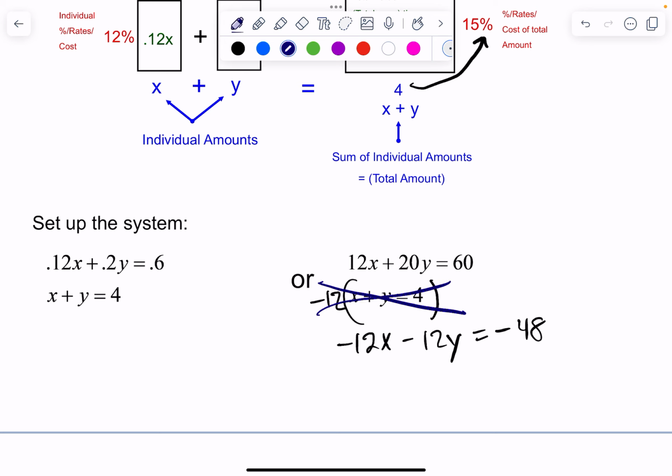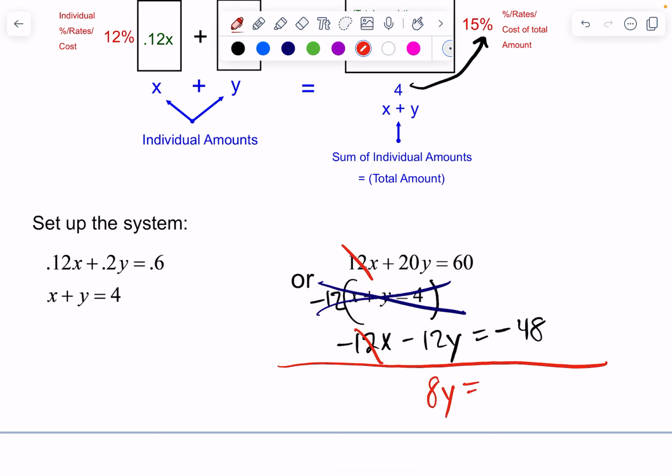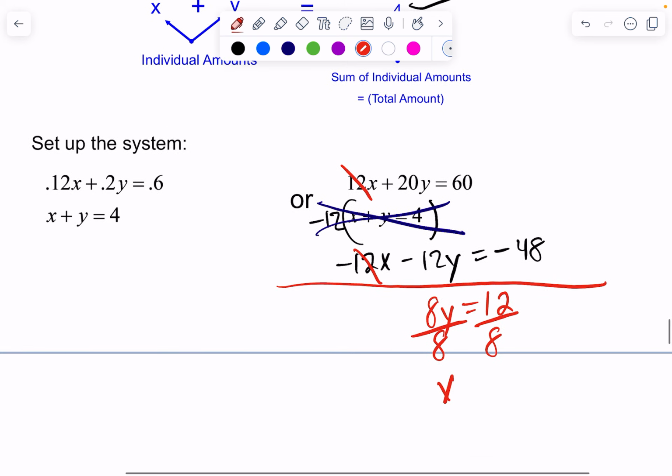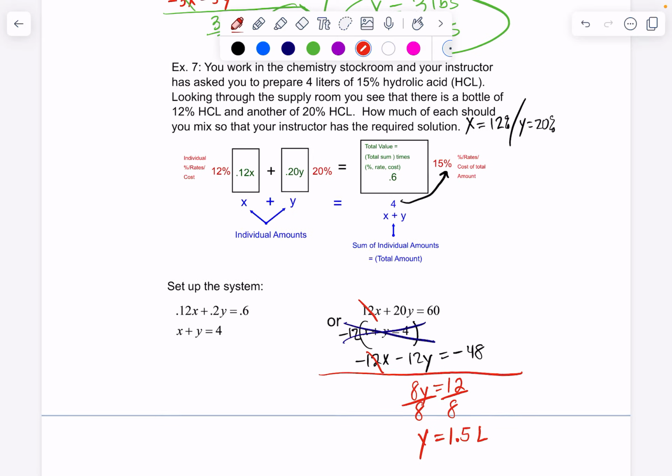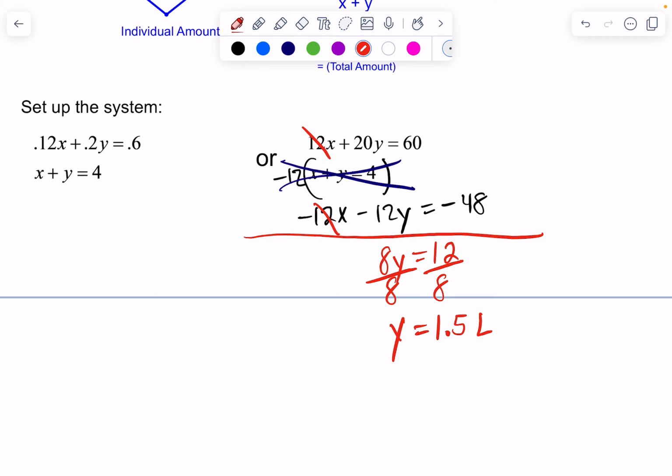So these are gone. Now the x's will cancel. I've got 8y equals, that's going to be 12 divided by 8. And y equals 1.5 liters of the 20% solution.